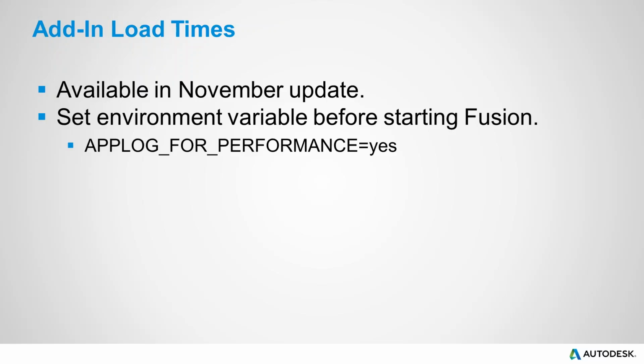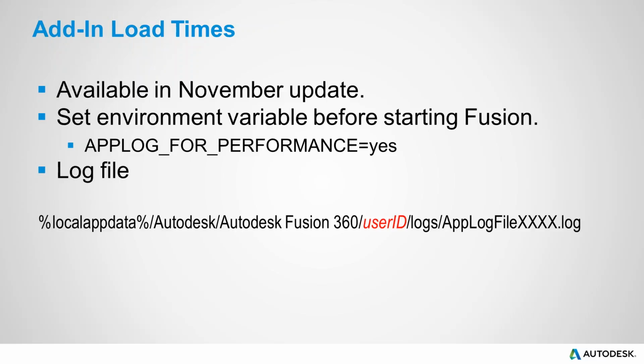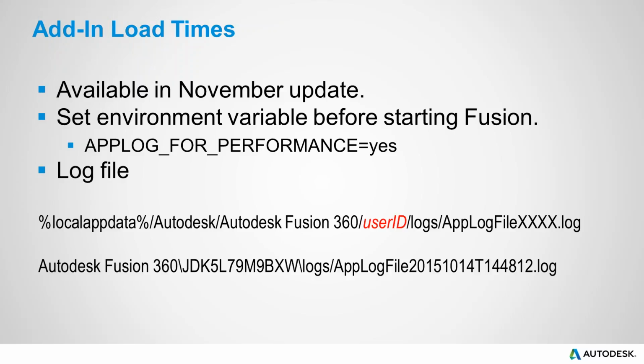Every time you run Fusion, it creates a log file, but it's not that big. It's just some key information. But if I set this, it logs a bunch more information. So you probably don't want to have this on all the time, because you'll bloat those log files. You'll be able to set this environment variable, and then Fusion writes into these log files, and this is where they're located.